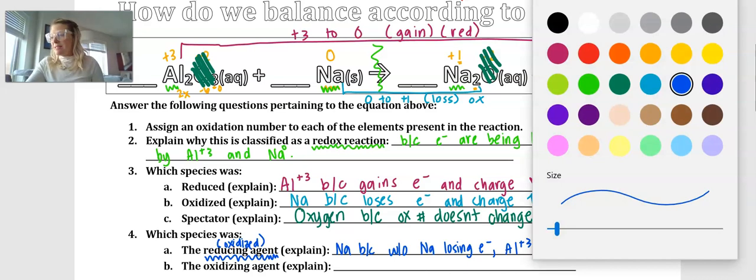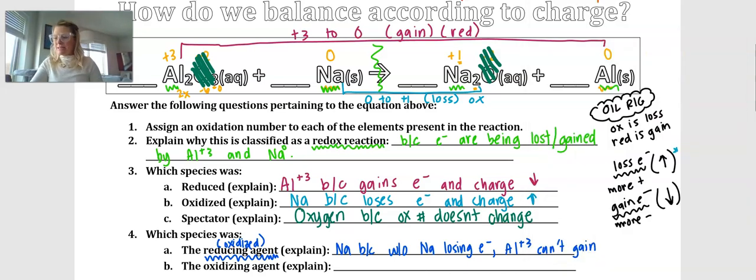From there, oxidizing agent, similar idea here. Our oxidizing agent makes oxidation possible. Oxidation can't happen, losing electrons can't happen, unless there is something there to gain those electrons. So this is going to be our species which is reduced.